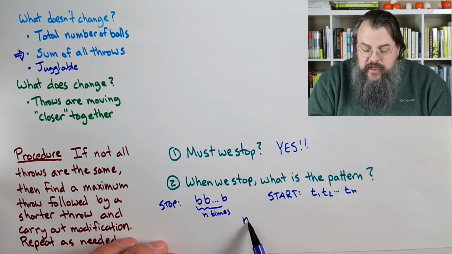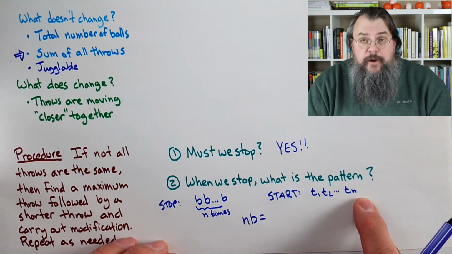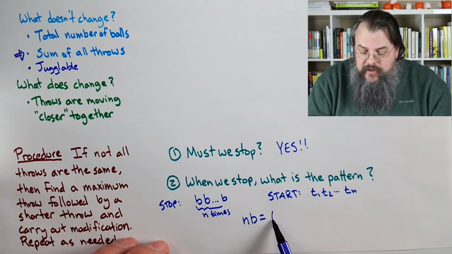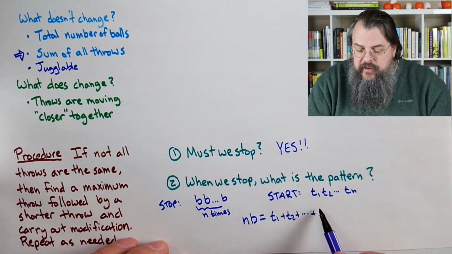So in other words, n times b has to be equal to this sum, that's T1 plus T2 all the way up to plus Tn.